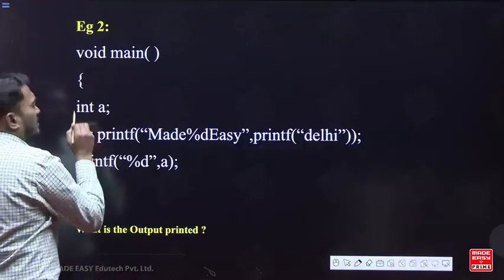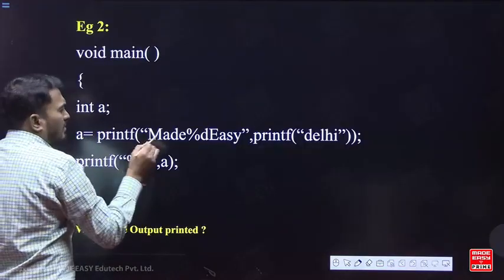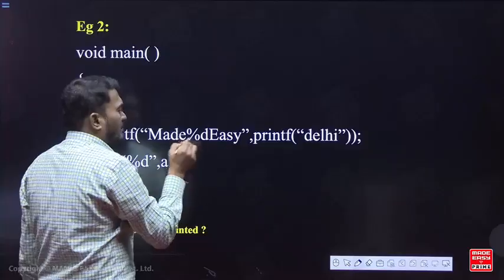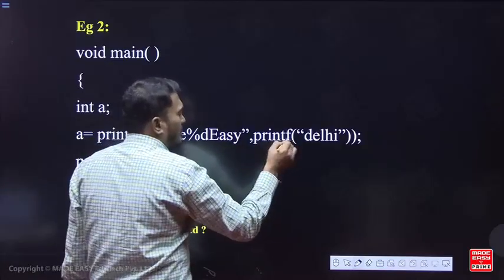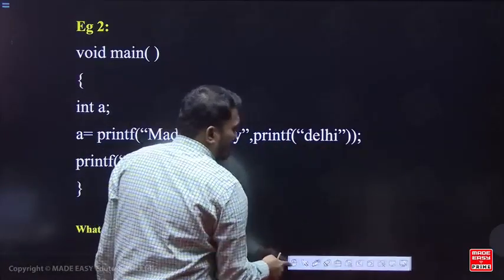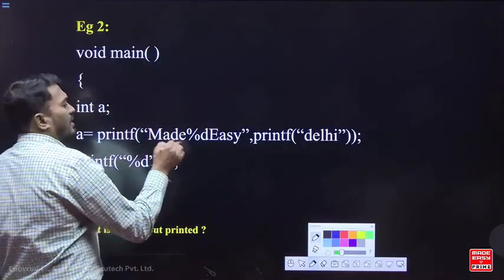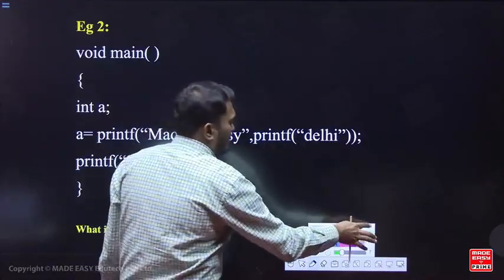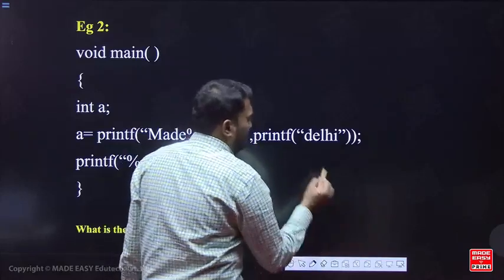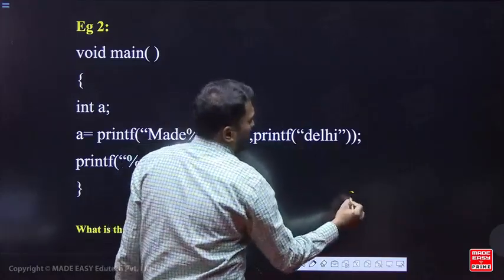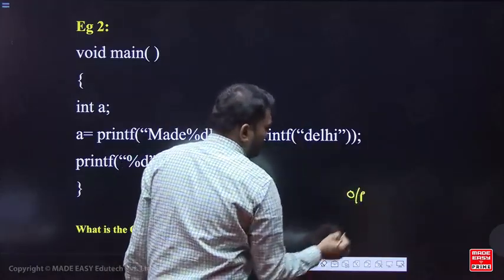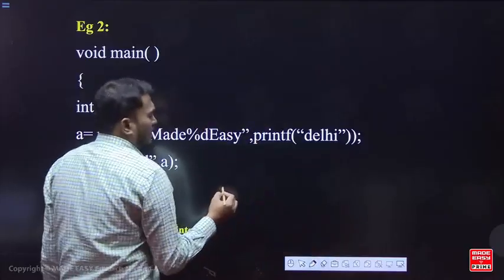So void main, integer a equal to printf ("Delhi") inside another printf with "made %ld easy". What is the behavior? Just listen here. In the outer printf you have made %ld easy, and inside it printf Delhi.